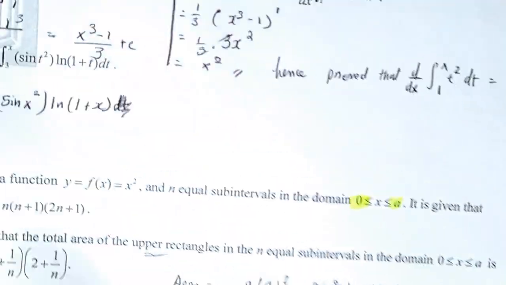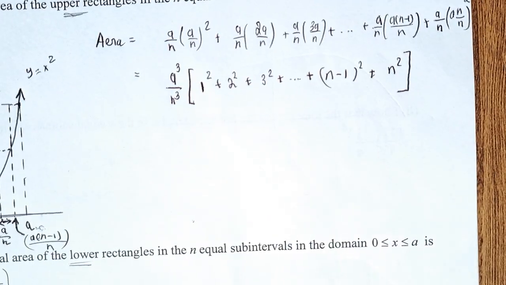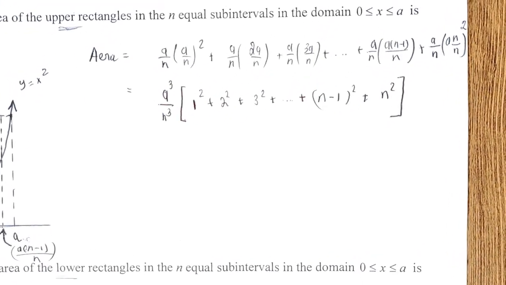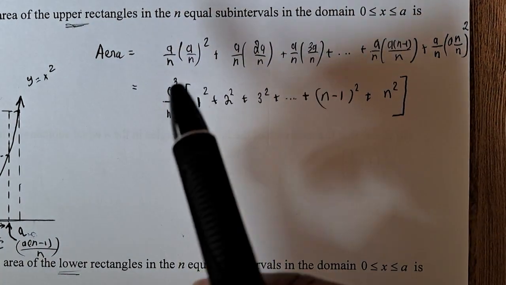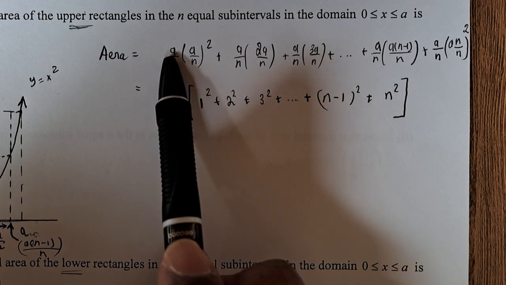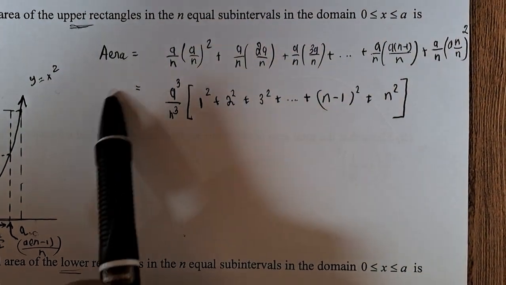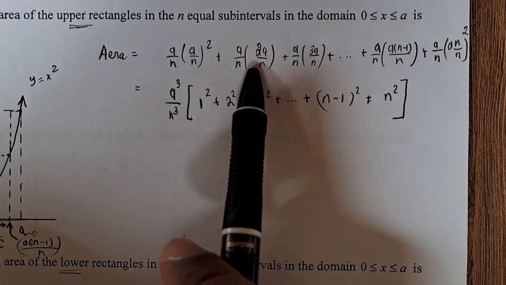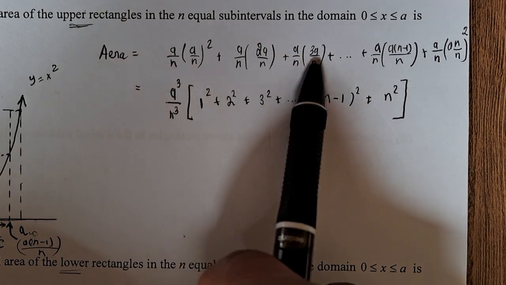Easy. Now, I do owe you guys some explanation as to what just happened here. Basically all I did was, see how when you multiply this term, it becomes a cubed on n cubed. All we're doing is taking out that a cubed on n cubed, because it's constant within all the terms. Multiply this one, 3a cubed over n cubed.